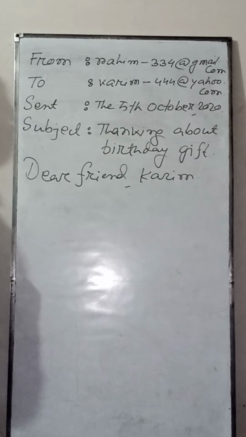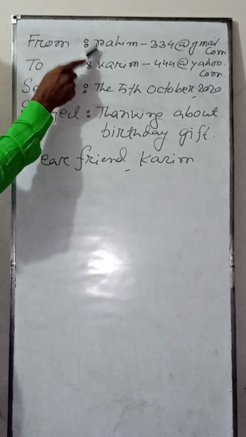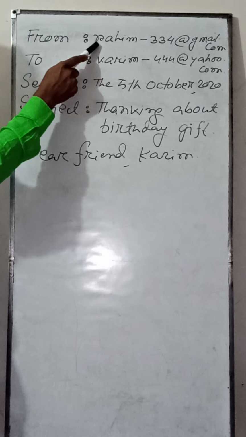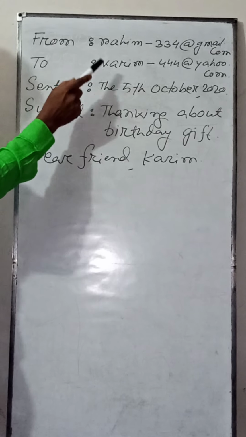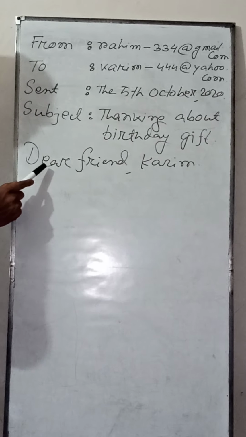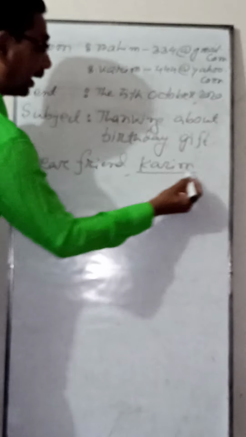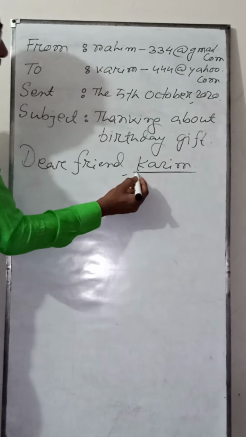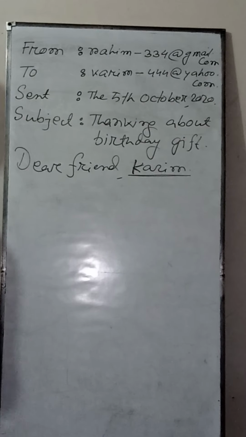This is important: when you write the email address, the first letter is a small letter, here also small letter, here also small letter. But when you start Dear friend, in this step you have to start writing your name in capital letter. This is important.